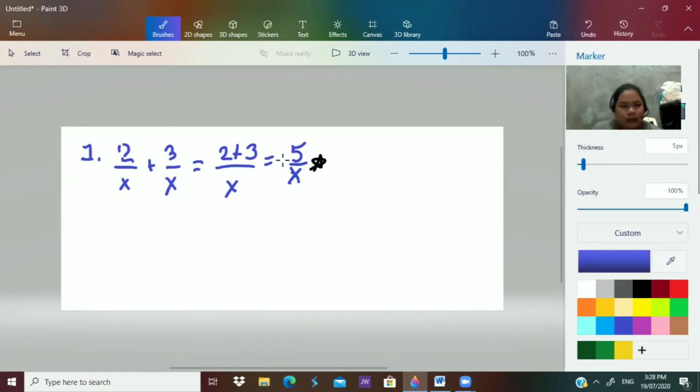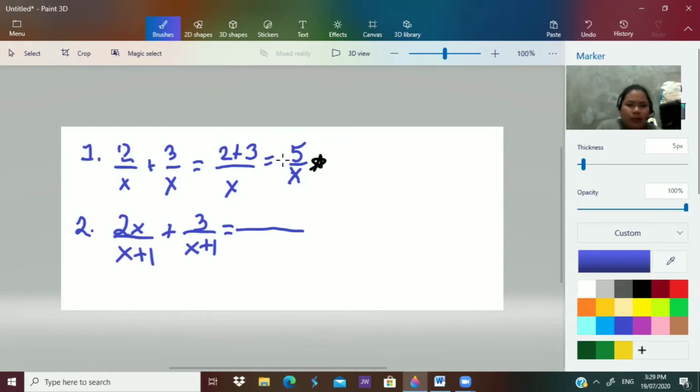Okay. So madali-dali pa, ano? Number 2. You have here 2x over x plus 1 plus 3 over x plus 1. So similar fractions again, these are similar rational algebraic expressions.